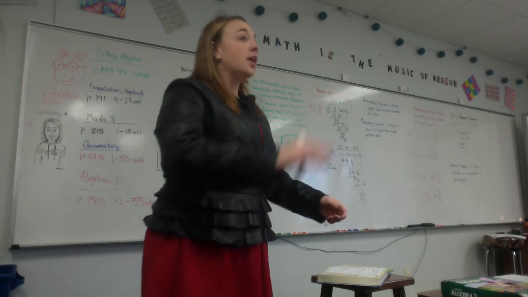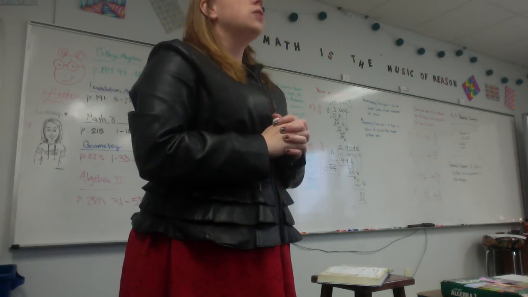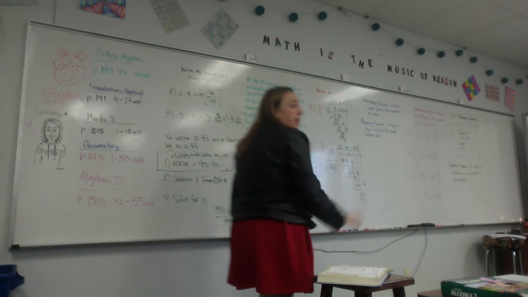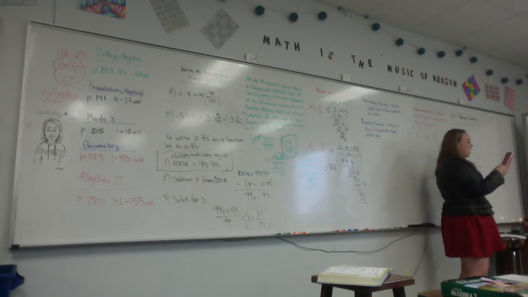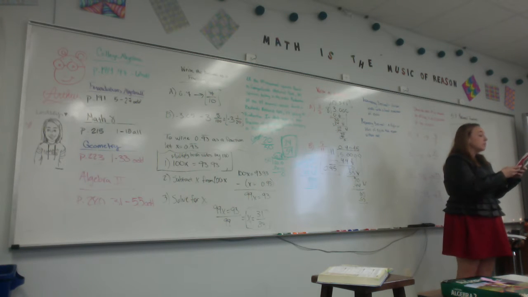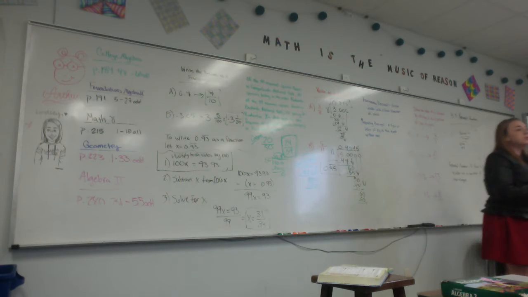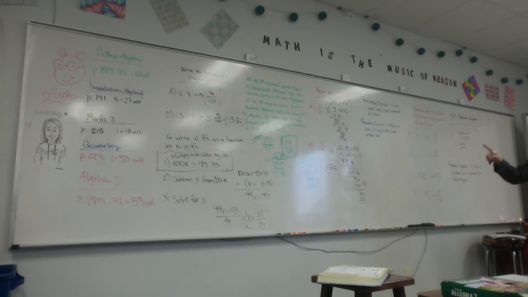Multiply 0.93 by 100. Okay? Guys, I'm not going to help you on this if you're not going to focus. I'm focused. Take 0.93, multiply it by 100, because remember it's a repeating decimal.